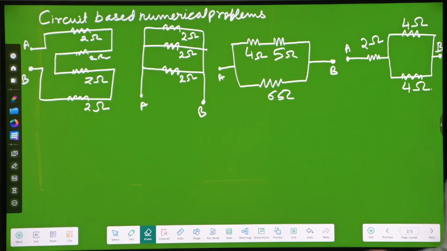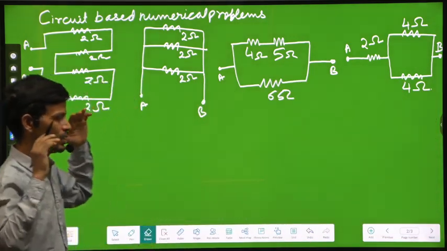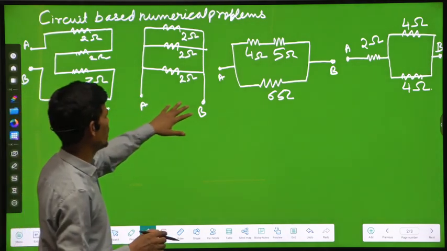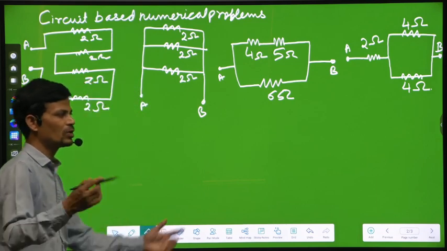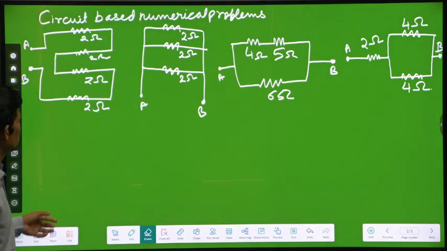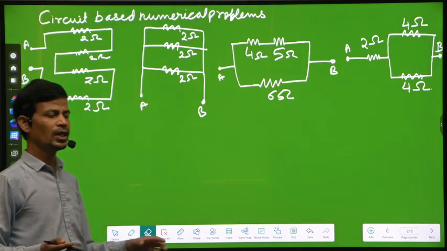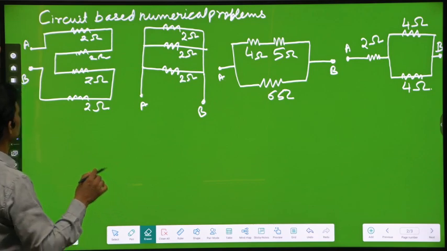All right, so we will start from the first. I hope you have made up your mind and can identify these circuits, but it is not that simple. If you have identified it correctly, well and good. Otherwise, now I'm explaining it to you.